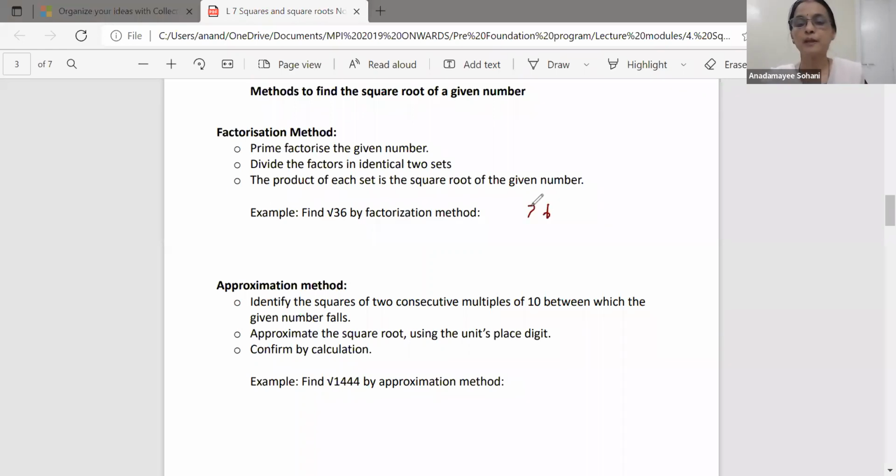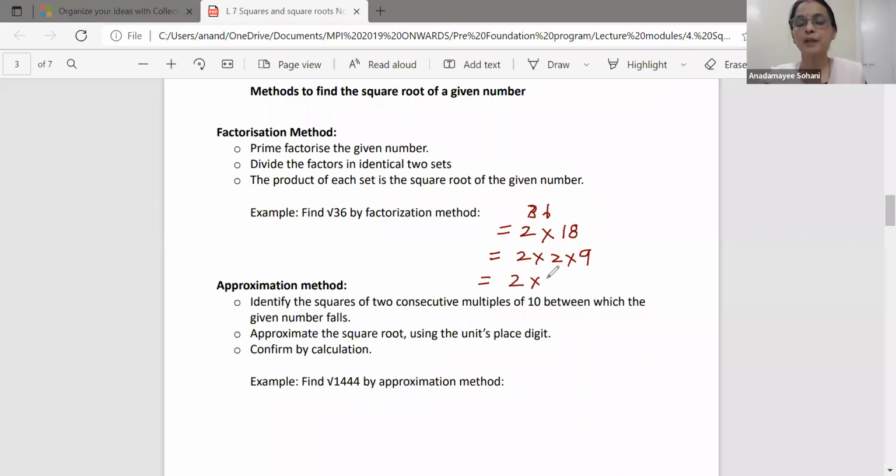What is 36? It is 2 multiplied by 18. That is 2 multiplied by 2 multiplied by 9. This is how we do prime factorization. Always start from the smallest prime factor and then rise up.